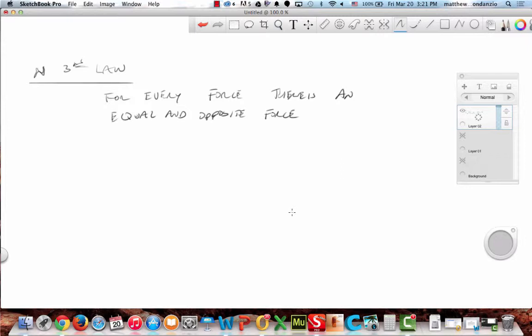Now, here's the thing. Let's talk about weight for 1 second. What is weight? How heavy is it? It's the effect of gravity on your mass. If you're here, gravity pulls on you at what rate? 9.8 meters per second squared.